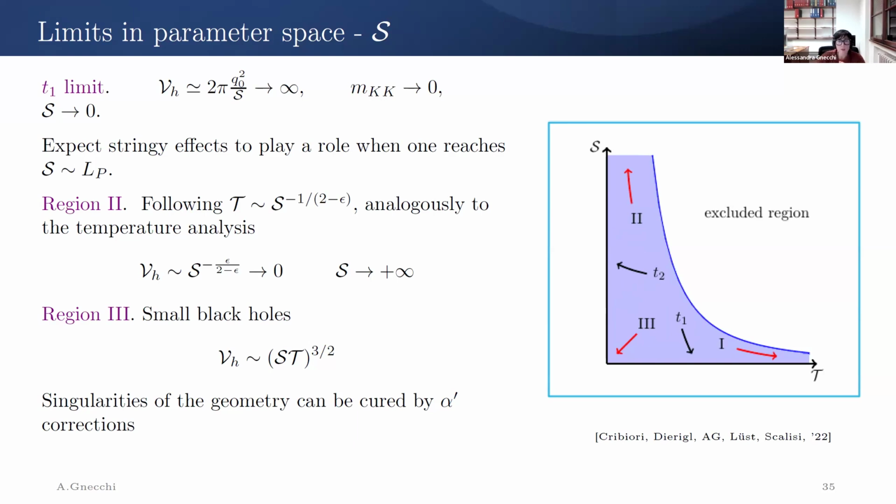If the horizon of the black hole is becoming small, it means that I'm reaching a regime where my states become almost the size of a string. So we expect that the breakdown in this case is that I need to take into account stringy states. So I'm leaving the supergravity effective action, which is an action for point particles, and I need to take into account other stringy states. People know how to do it by introducing alpha prime corrections and higher derivatives in the N equals 2 supergravity action. Okay.